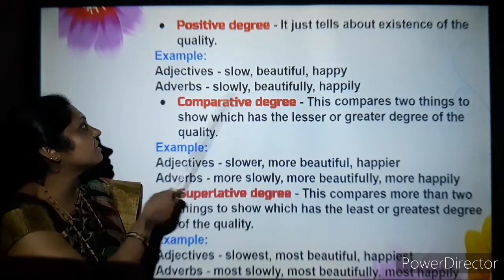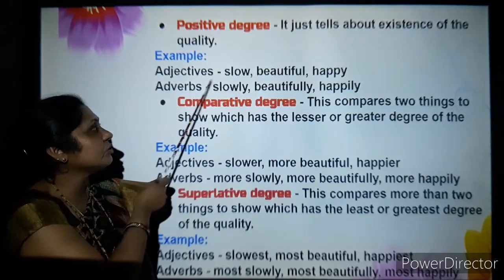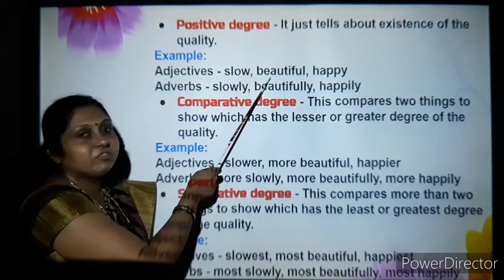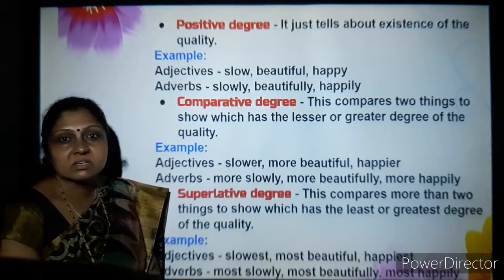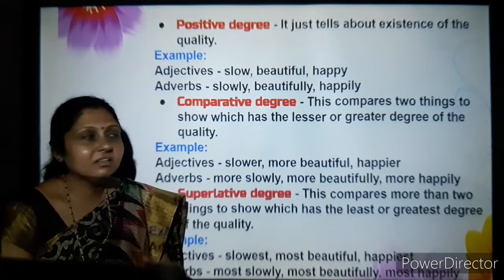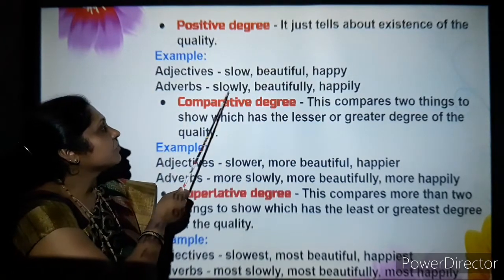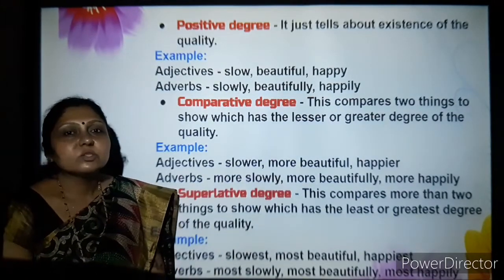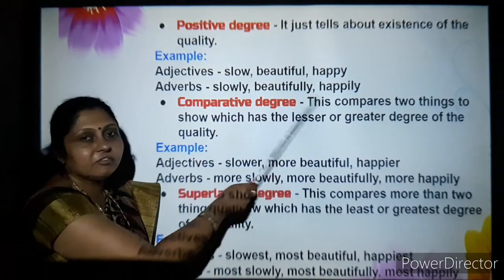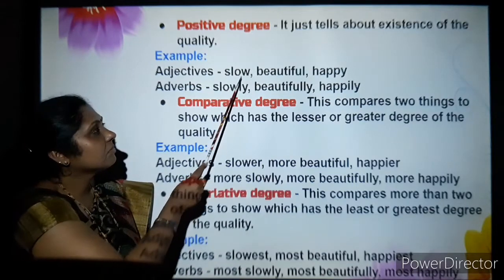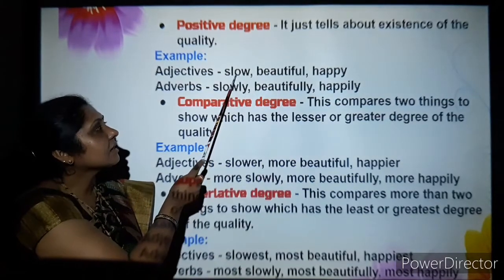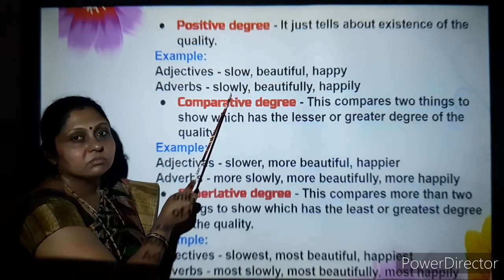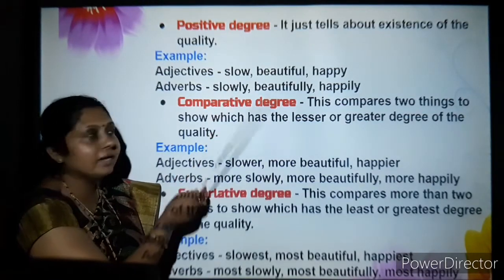See the examples here. Adjectives: slow, beautiful, happy. It is a beautiful house, so beautiful qualifies the house. Adverbs: slowly, beautifully, happily. Here you see the three forms; the first two are the adjective and adverb forms, the actual existence of the quality.